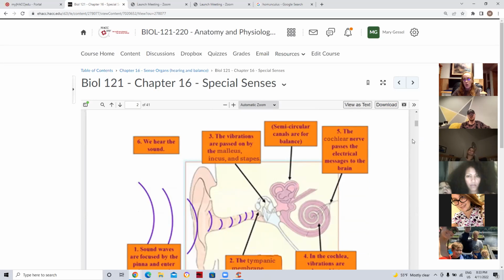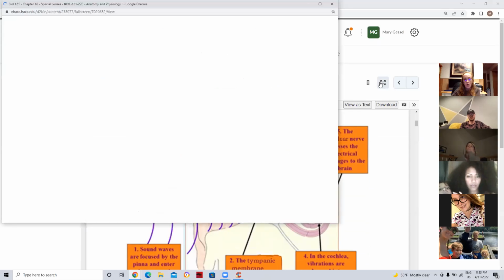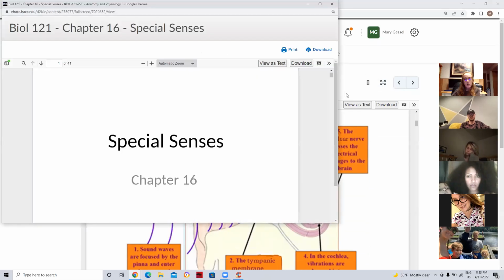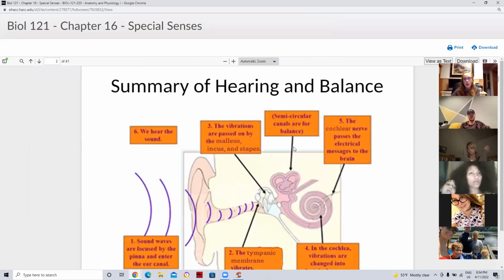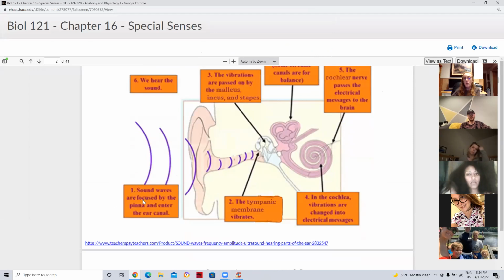So we hear, summary of hearing. Sound waves are compressed air. They're a vibration of compressed air that are focused by the pinna, meaning the outer ear, and they enter the ear canal.